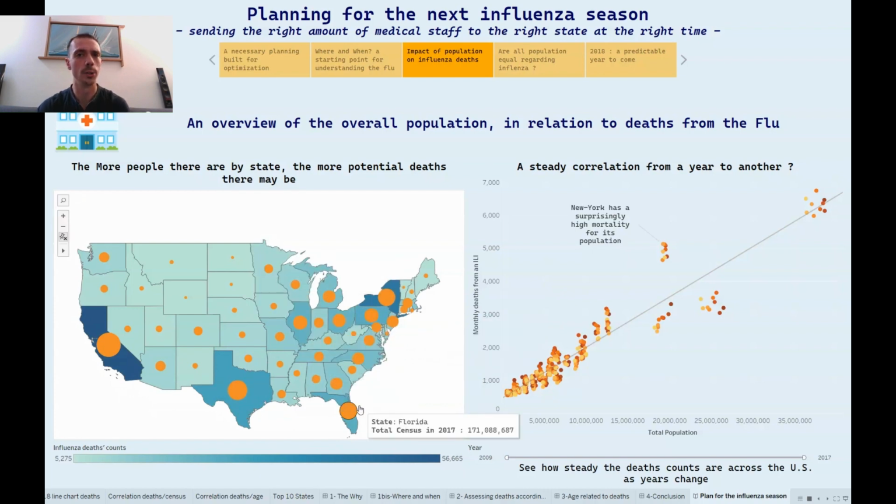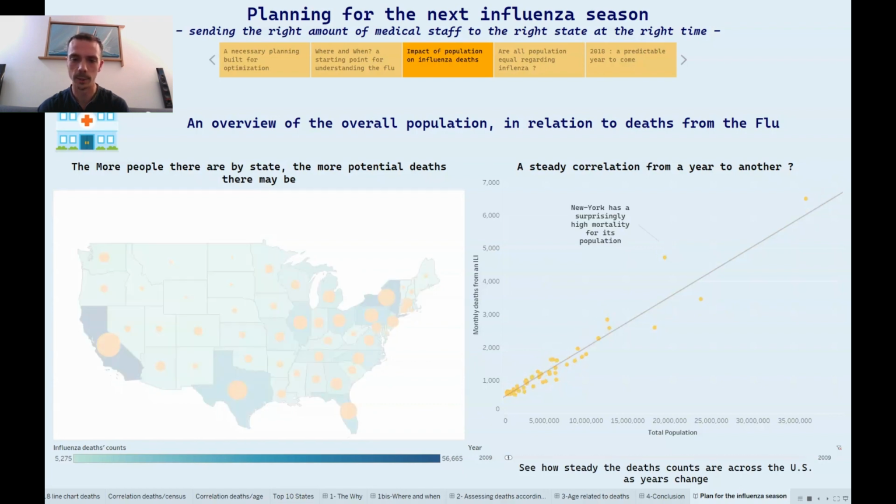But is it only a one shot or is it true across all the years? This is shown in the scatter plot on the right of the screen. If you isolate only 2009, we see the clear trend across the line, adding years and years and another.